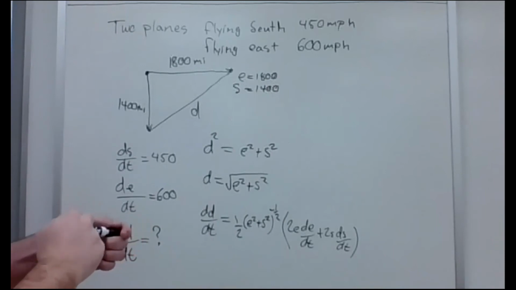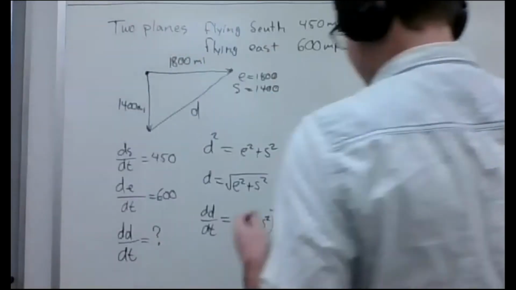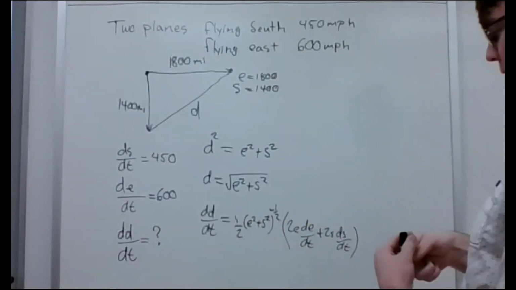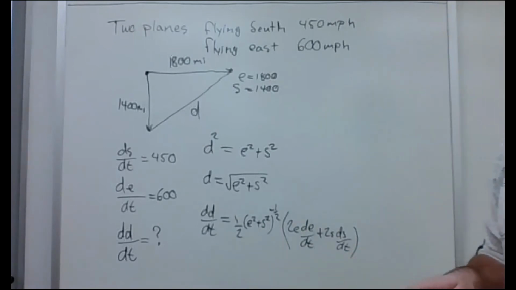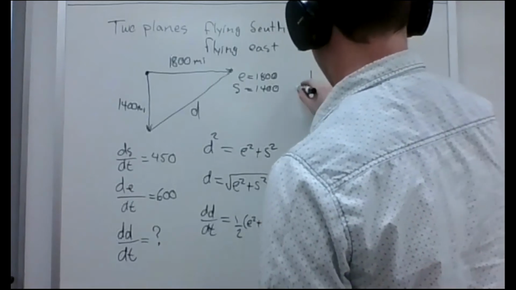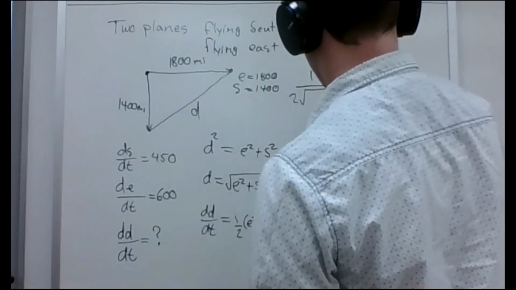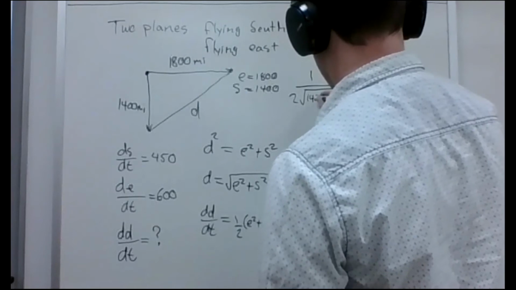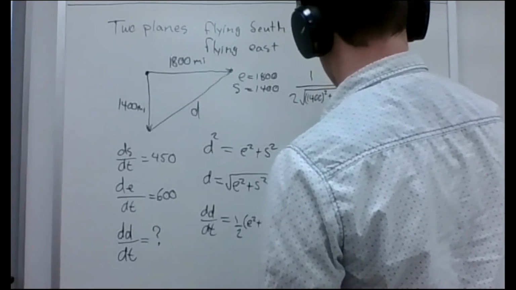Interesting. Okay. Yeah, and so if we plug all this stuff in, this is going to be quite a problem. So it's going to be 1 over 2 square root of (1400 squared plus 1800 squared).